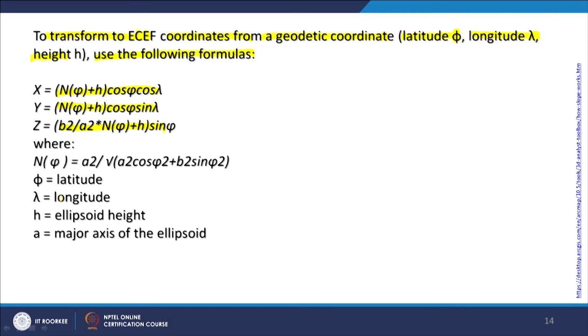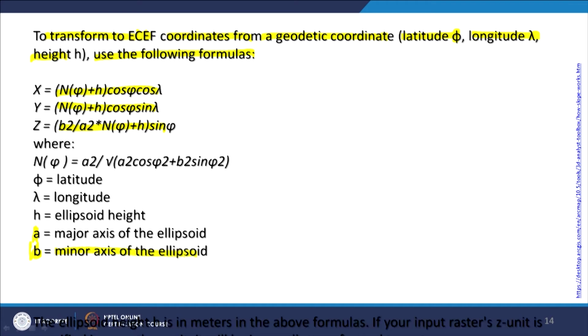You have also seen in the case of the ellipsoid that A represents the major axis and B represents the minor axis of the ellipsoid. Unfortunately, the Earth is not a perfect spheroid, and therefore these complications come, and while going for more and more accurate slope calculations in the current discussion, we have to take care of this.